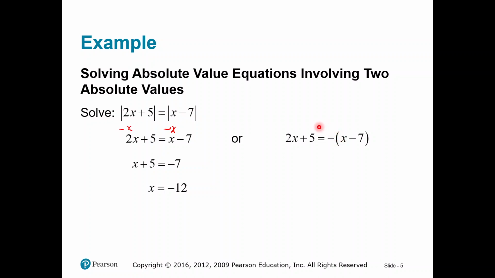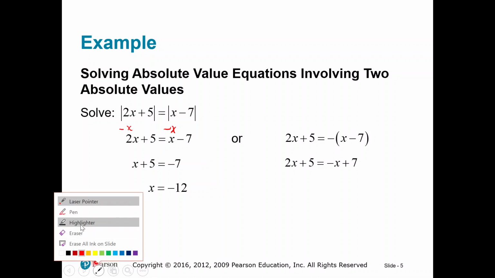Now for this equation right here, we have to distribute the negative to the x and also to the negative 7. So therefore, we have negative x, and negative 7 gives us a positive 7. Now for this right here, we have to add the x.